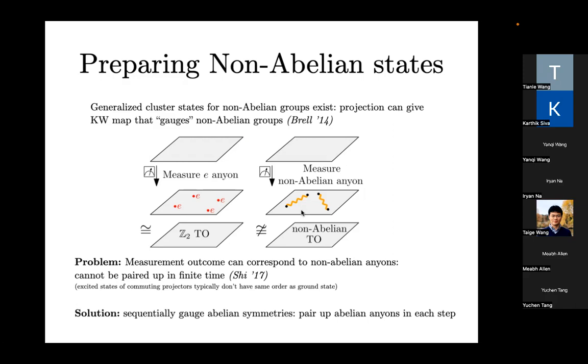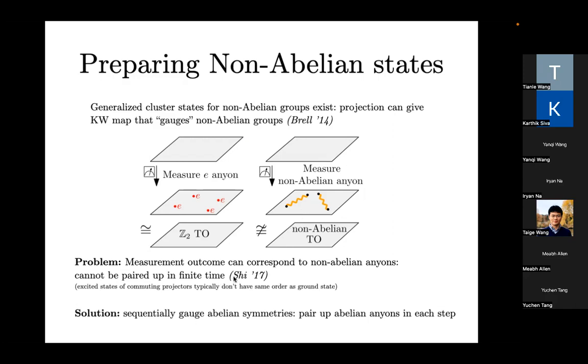Unlike the toric code where you just apply a series of Z's or X's all at once, and that just removes the string, for non-abelian anyons you have to apply it sequentially, and it's known that you have to use a linear depth to move it linearly far. So unless you use post-selection, that seems not to be a good way to prepare non-abelian states.